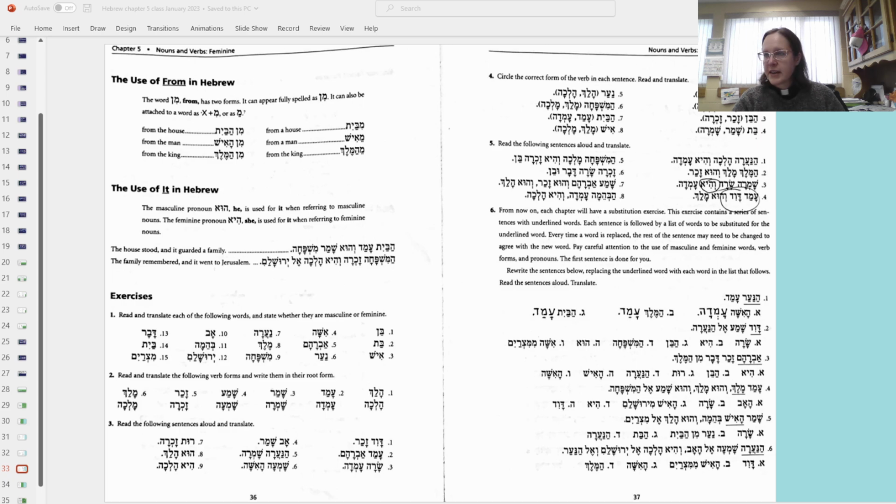In exercise 1, read and translate each of the following words and state whether they are masculine or feminine. So let's do that together. The first one is ben. What do you think that is?